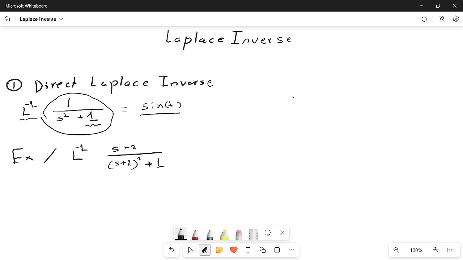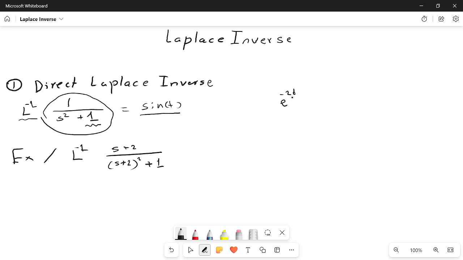Now if you take the shifting property out, we have a shifting property, s plus 2 and s plus 2. This means there is an exponential, and it's plus 2, so it's negative 2t.